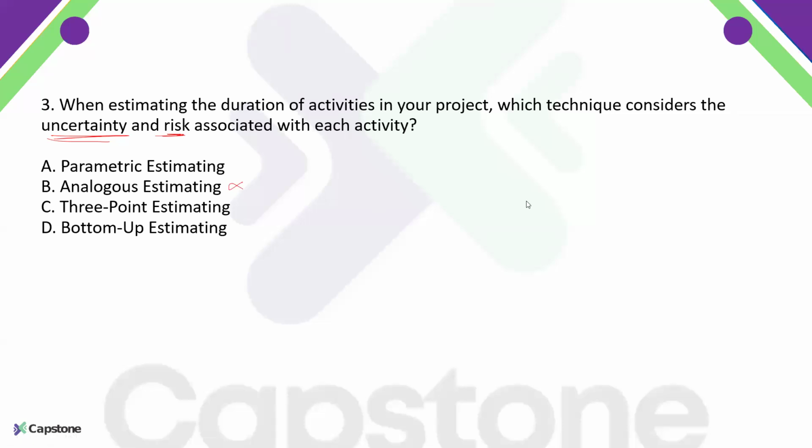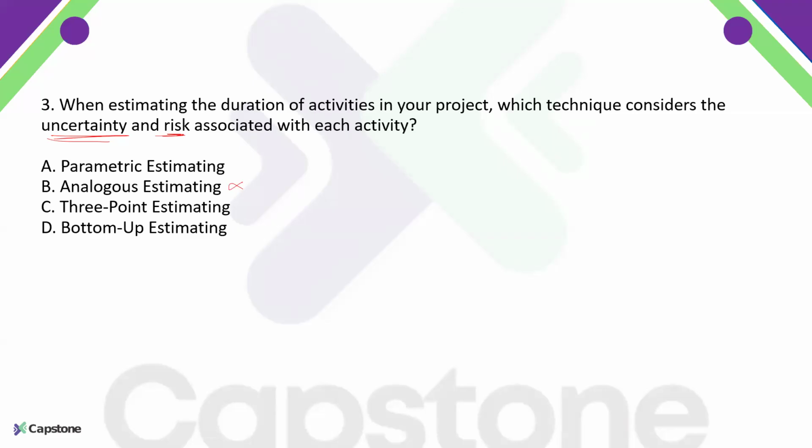And what about those who mentioned D? Zain and Usman, any one of you? I chose D because it considers each activity and then builds on that. So if there is a risk in the first step, that gets incorporated into the next one. That was my thinking for choosing bottom up. But how does that consider the uncertainty and risk elements?